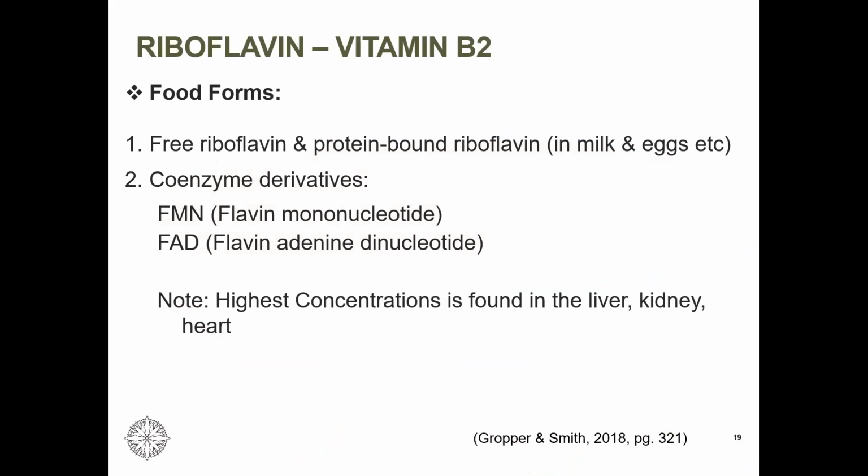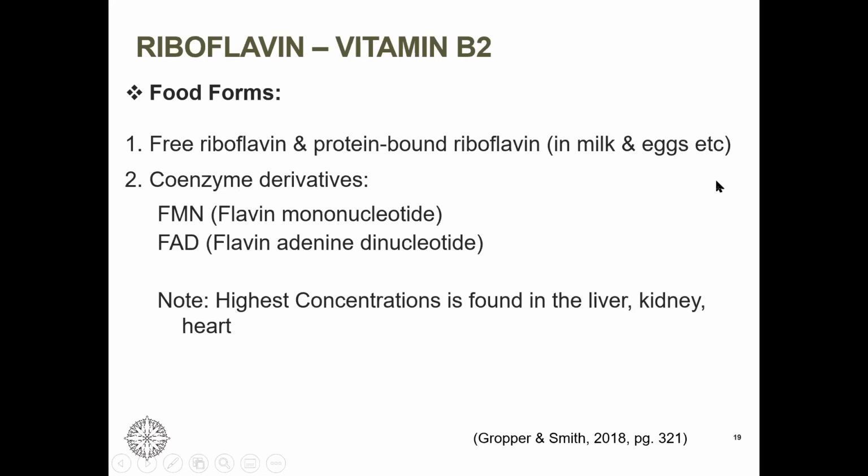Right, riboflavin. Would anybody like to comment? Good sources of riboflavin? Green leafy veggies is one. Okay, so there are different forms. We have free riboflavin and we also have protein bound riboflavin, which is found in milk and eggs.